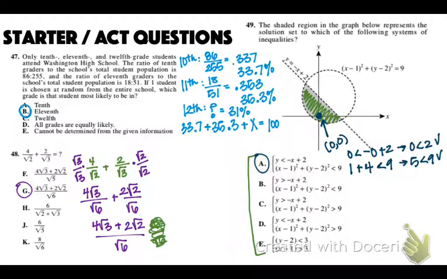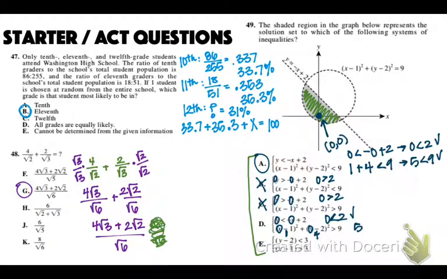So if we plug in 0 here, I get 0 is greater than 2, which is not true. So that one doesn't work. Same thing here. If I plug in 0, I get 0 is greater than 2. Again, doesn't work. This one, I get 0 is less than 2, which is true. If I plug in 0 here, I'm going to end up getting 1 out of that, and 0 in here, I end up getting 4 out of that.